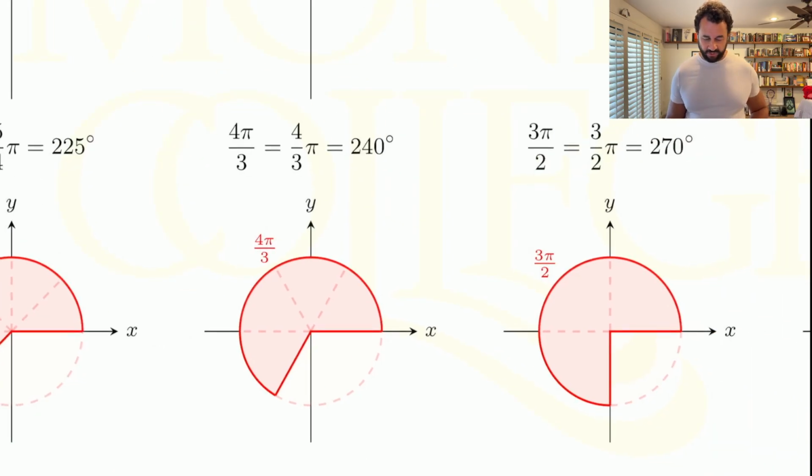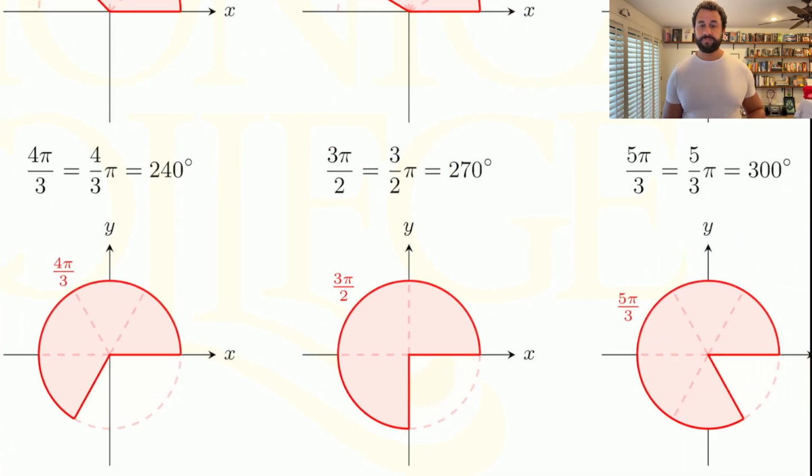Okay, 4 pi over 3, it's going to look like this. Again, cutting pi into three equal sized pieces. 1, 2, 3. And we're going to take four of those. 1, 2, 3, 4. And then 3 pi over 2. This is another one of those quadrantal angles. We're cutting pi into two equal sized pieces and taking three of those. 1, 2, 3.